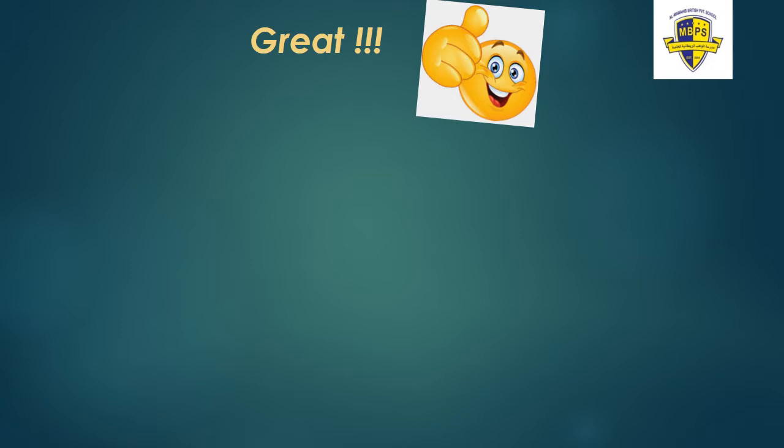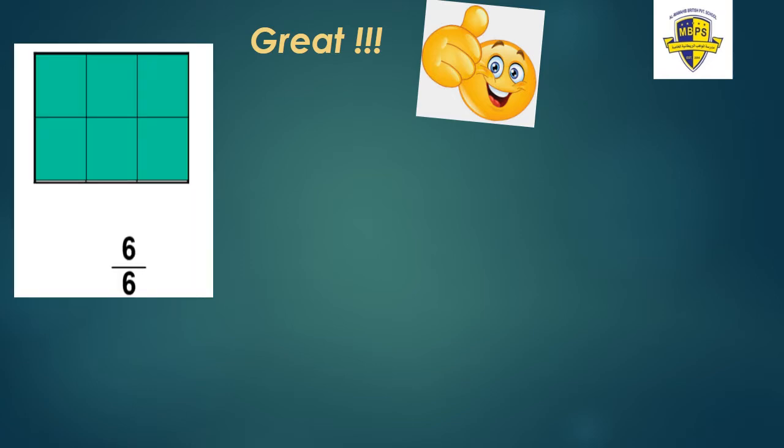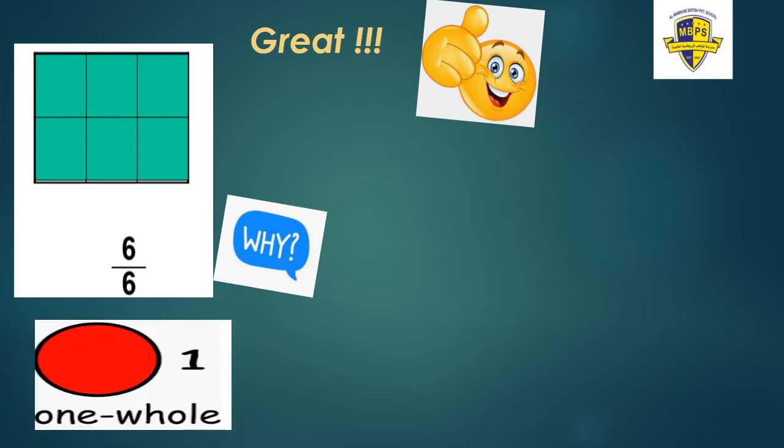But why is it different? Who can tell me? Good, because this is a whole fraction. And what do we mean by whole fraction? The value of this fraction equals 1.